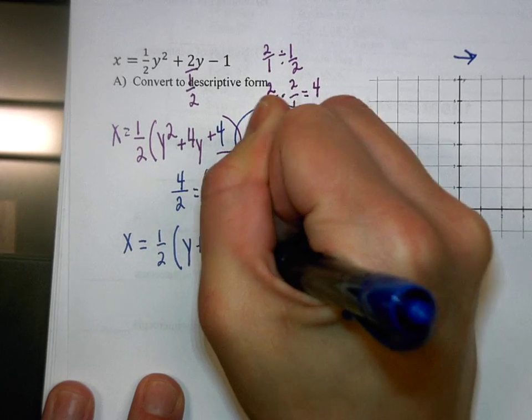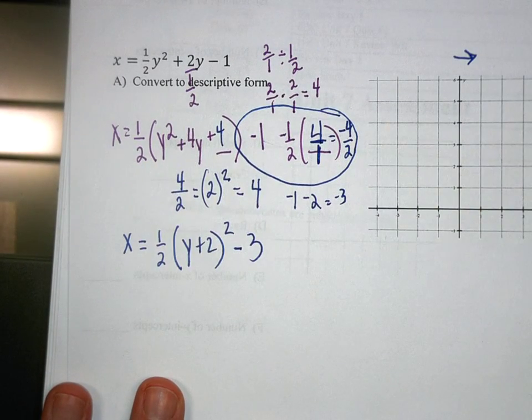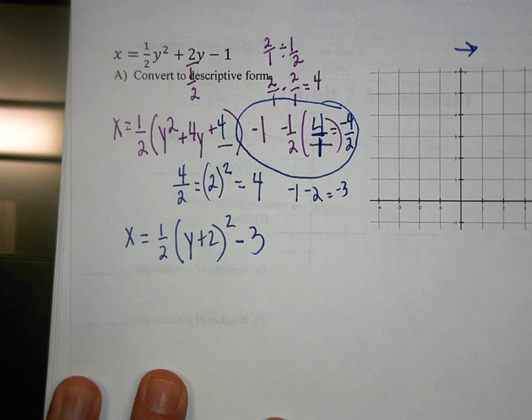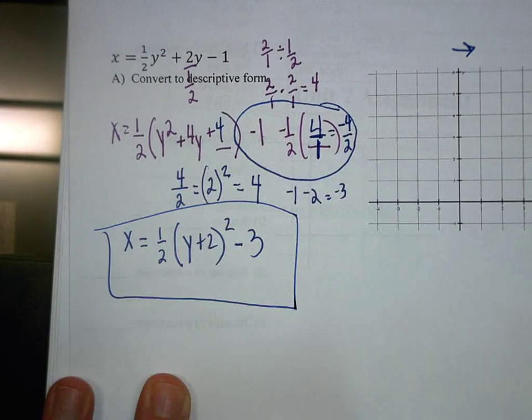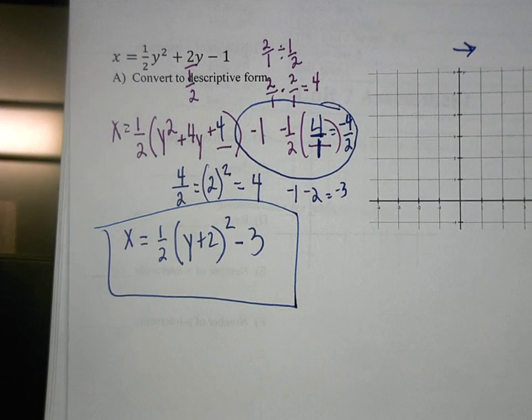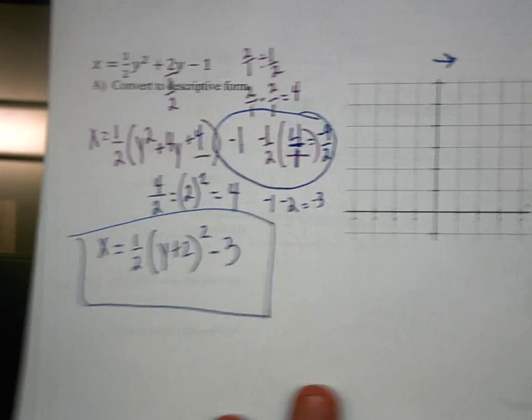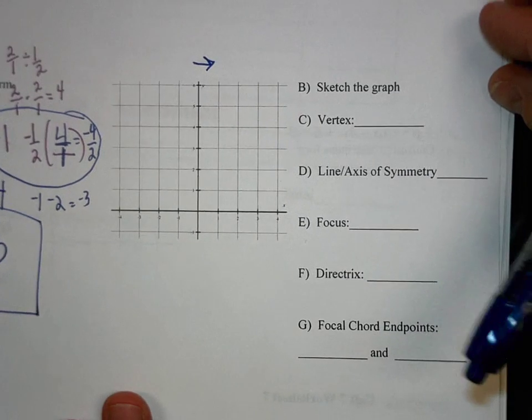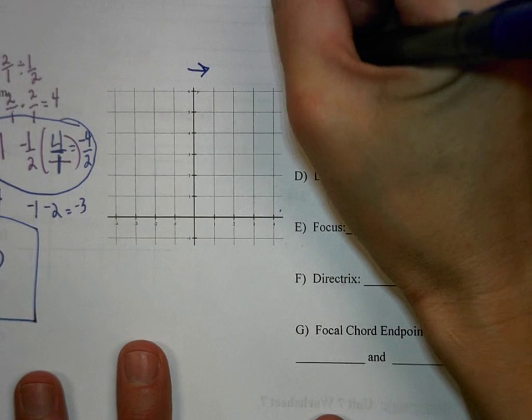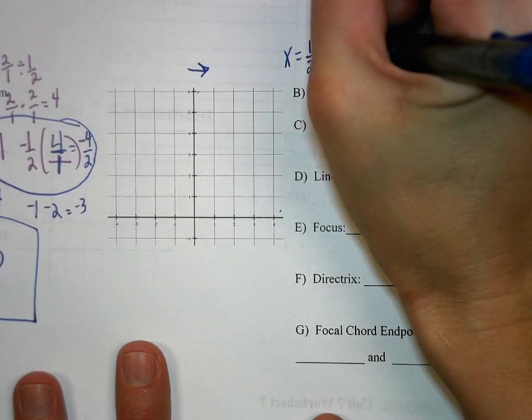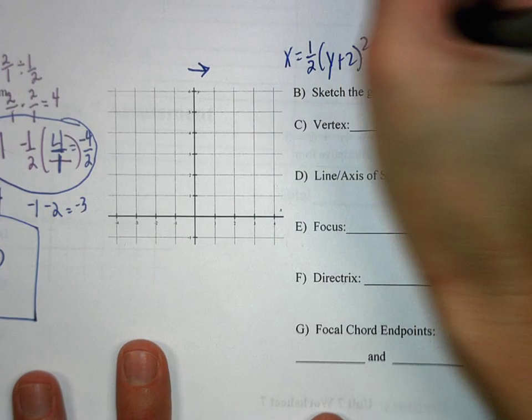So here is -3. My equation. Okay, do we need to talk about anything there? We're okay? All right, so I'm going to rewrite that equation, and we're going to come over here to fill out this information. So again, the equation x equals 1/2 y plus 2 squared minus 3.